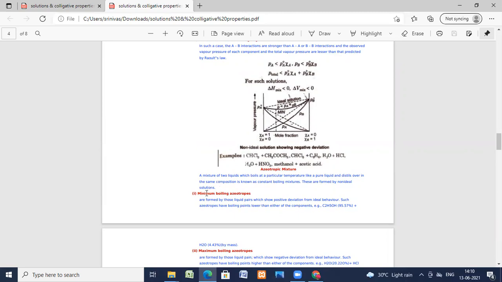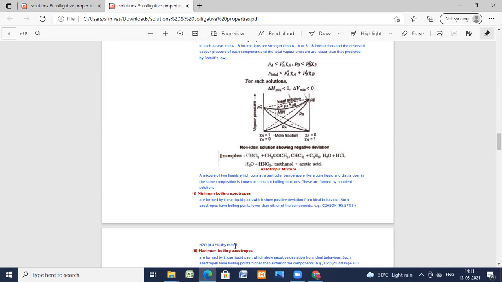And the mixtures which boil above the boiling temperature of the individual components, at a higher temperature than that of the individual components, are maximum boiling azeotropes.